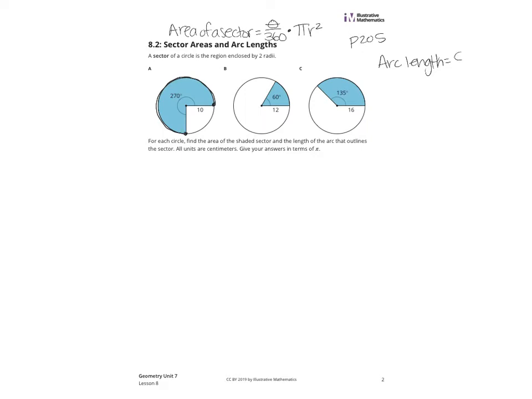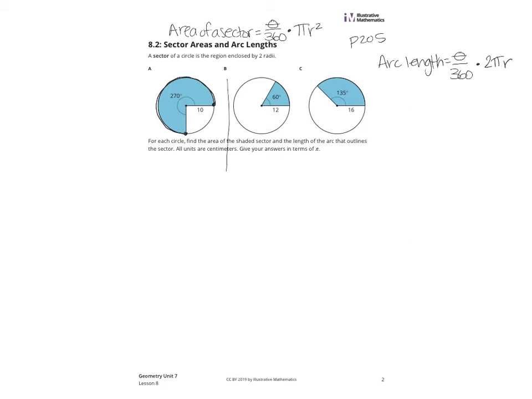So I have to find the portion of the circle that is my arc. So that's theta divided by 360 times the distance around my circle. If you'll remember, that's the circumference. That's 2 times pi times the radius. This formula will tell me the length of my arc.